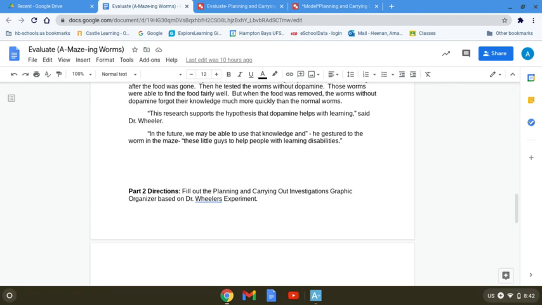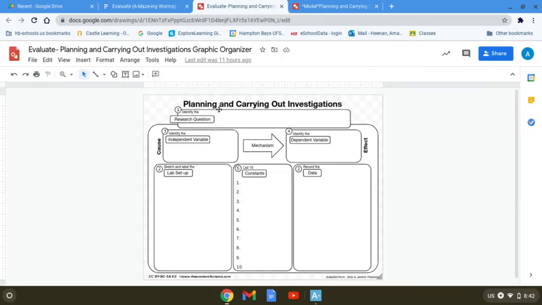Okay, part 2, directions. Fill out the planning and carrying out investigations graphic organizer based on Dr. Wheeler's experiment. Okay, so my students, based on what you read, you are filling out this graphic organizer. Again, identify Dr. Wheeler's research question, label the lab setup.